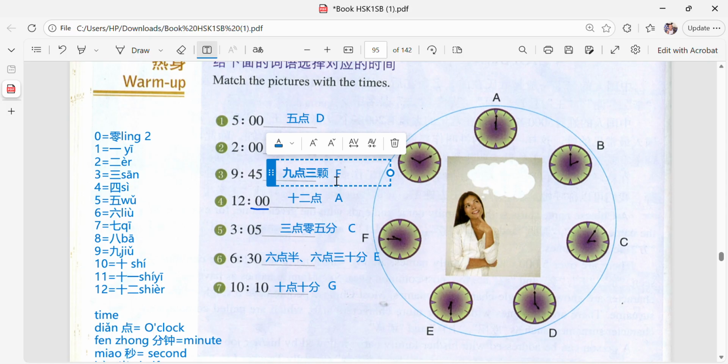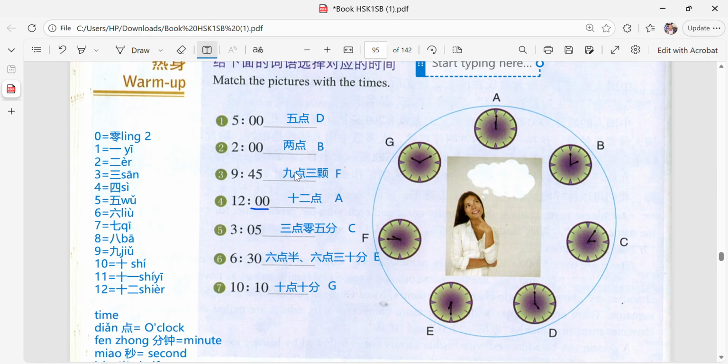So here it is sān jiǔ diǎn. Here you can say jiǔ diǎn sìshíwǔ if this sān kè is giving you a lot of trouble.